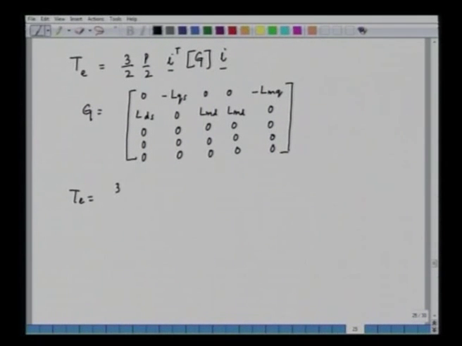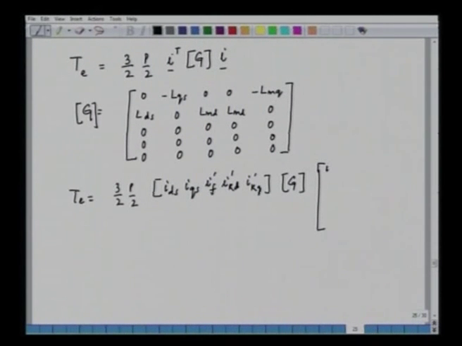T is equal to 3 by 2 into P by 2 into I transpose, which is IDS, IQS, IF, IKD, IKQ, and then I have this G matrix into I, that is IDS, IQS, IF, IKD and IKQ.